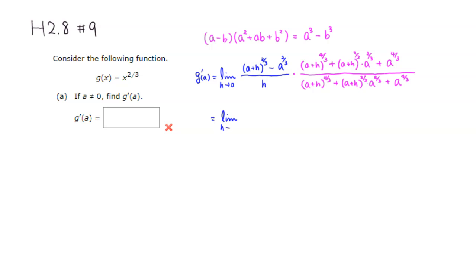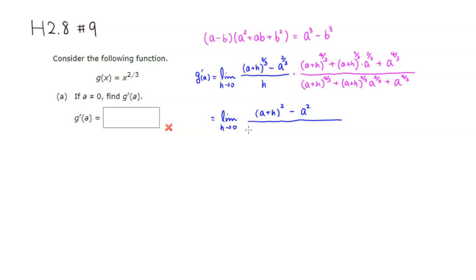As h approaches 0, here we get to cube this, so the cube root is gone. You have a plus h squared minus, and we get to cube this, so you have a squared on top.